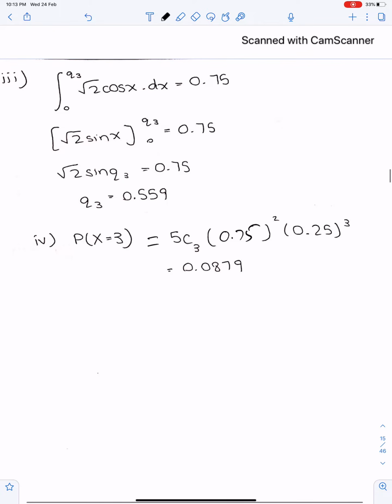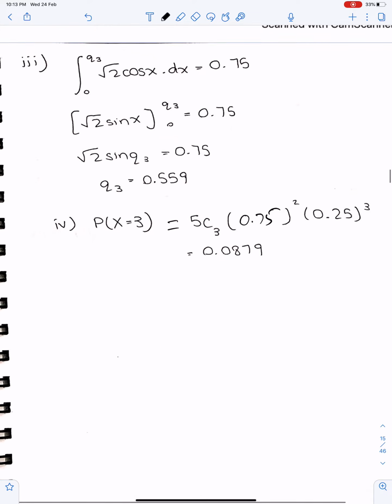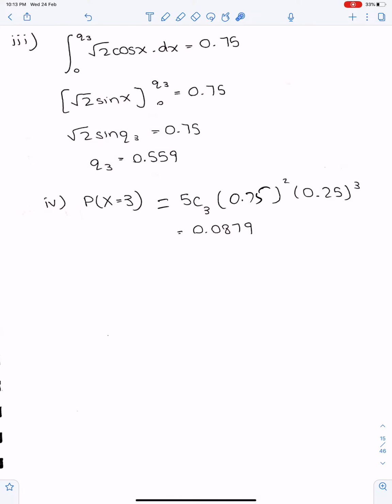I'm writing the data here. N is 5, you need probability of x equals 3, and p is 0.75. Greater than the upper quartile means the probability is 0.75. So this is the binomial formula, 5C3 p power 3 and q power 2.